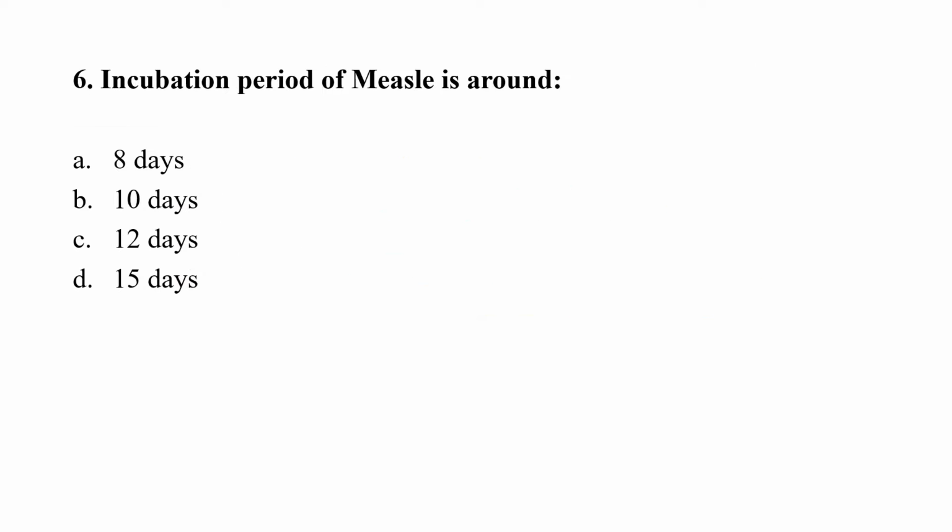Question number 6. Incubation period of measles is around option A 8 days, option B 10 days, option C 12 days, option D 15 days.